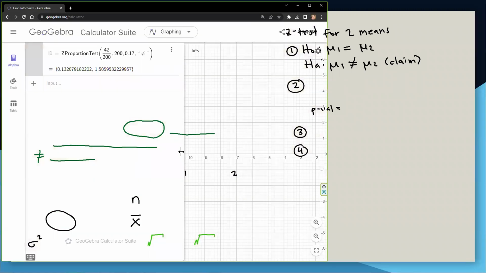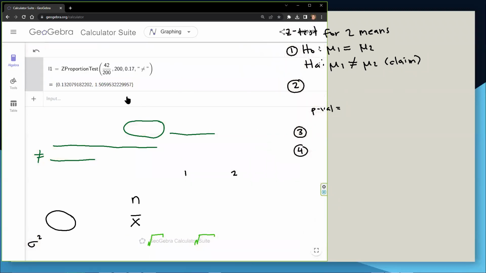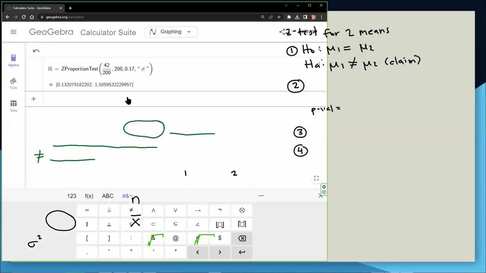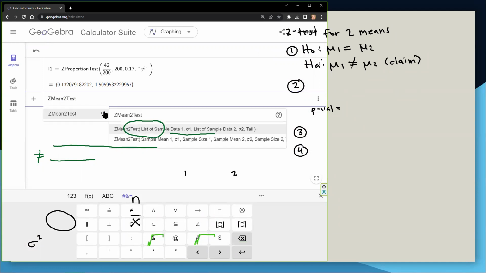So here is GeoGebra. And we know that we're doing a z-mean2 test. Let's see if it tells us what it needs. So sample mean, sample standard deviation, sample size. So X bar, sigma, n, and then the same thing for group 2.